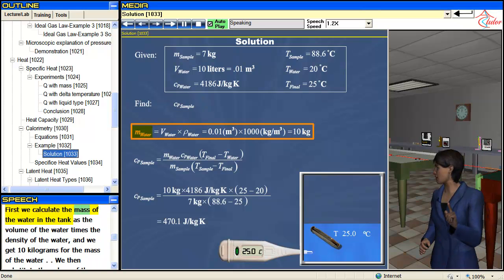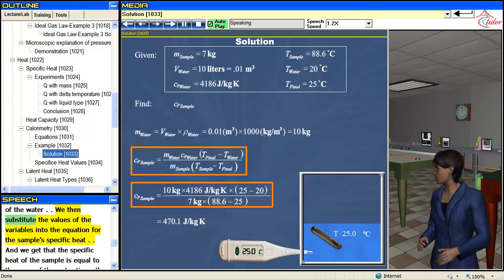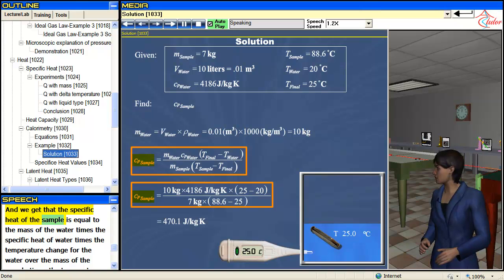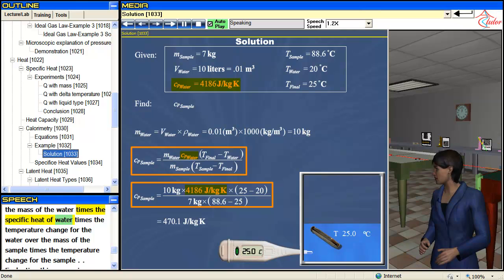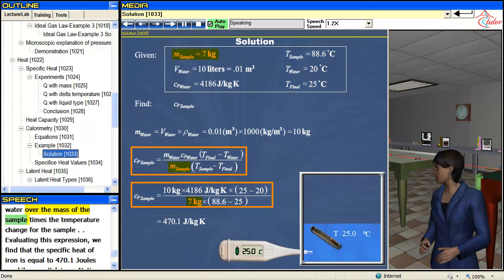First we calculate the mass of the water in the tank as the volume of the water times the density of the water, and we get 10 kilograms for the mass of the water. We then substitute the values of the variables into the equation for the sample's specific heat, and we get that the specific heat of the sample is equal to the mass of the water times the specific heat of water times the temperature change for the water over the mass of the sample times the temperature change for the sample.